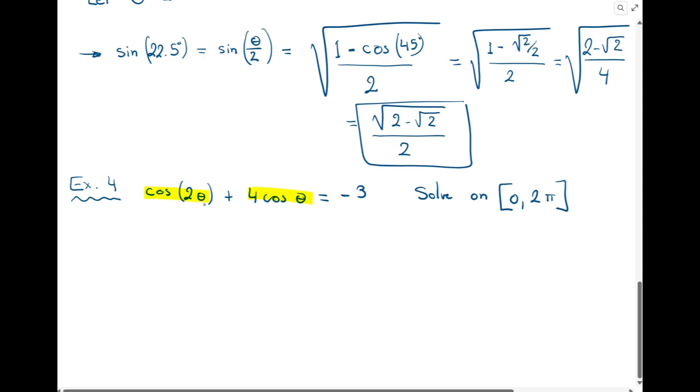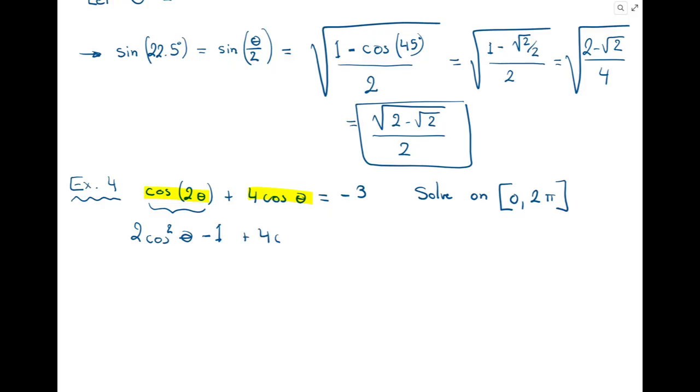So cosine 2 theta will be the same thing as 2 cosine squared theta minus 1. That's what the identity tells us, the formula, right? And then keep your plus 4 cosine theta. And then I'm going to go ahead and do plus 3 and set that equal to 0 since I'm solving an equation, right?